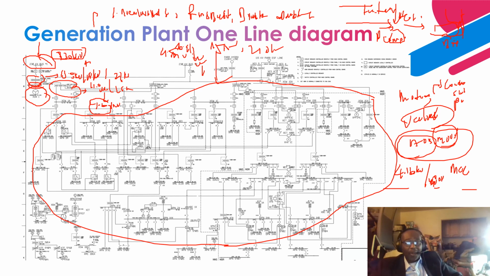So to start up the generation facility, you have a station service transformer that is dedicated to a separate transmission network that provides this power. At the same time, there should be a backup supply if, let's say, you should lose this transmission line. So you have diesel generators, about 2-3 of them, located in the generation facilities.